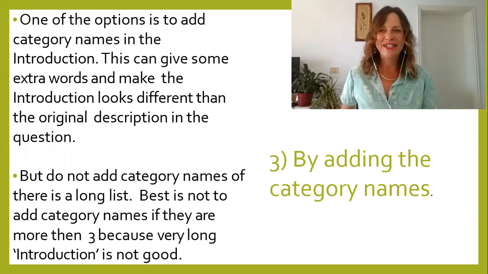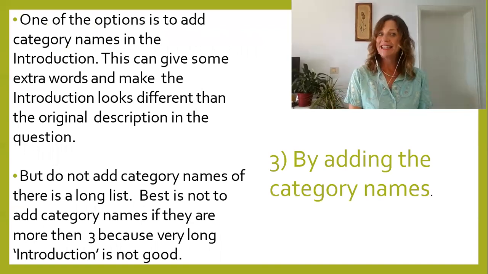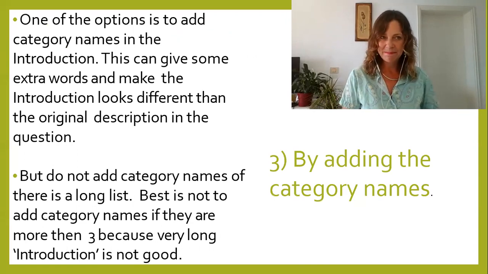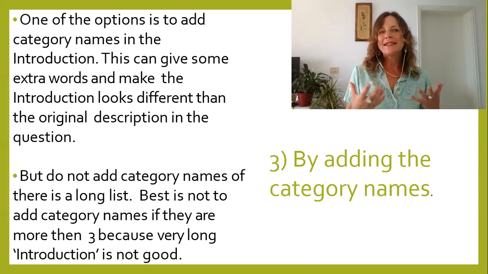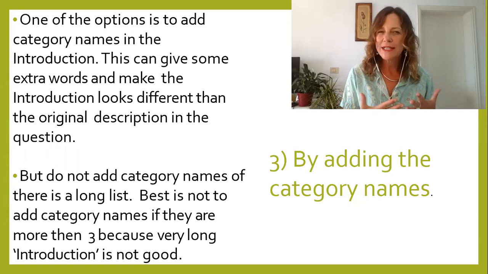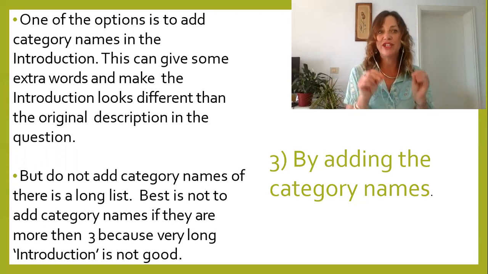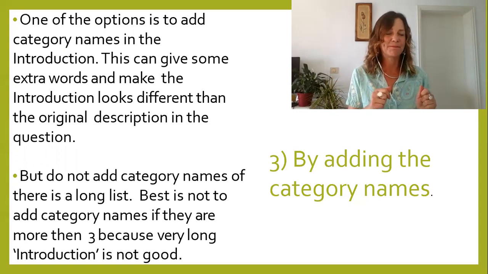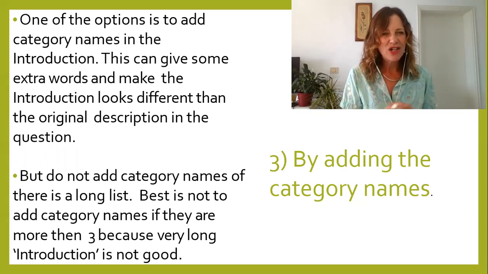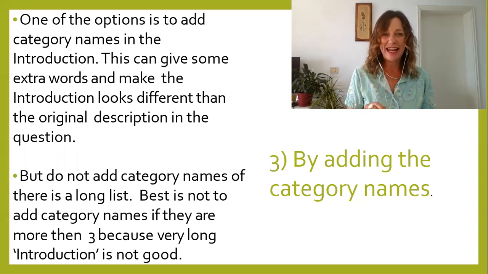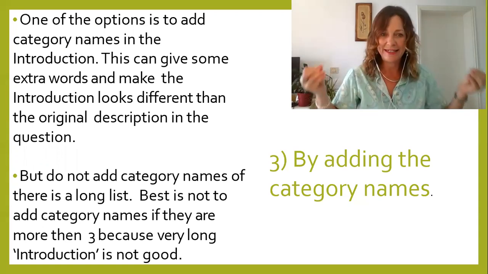Number 3, what can we do? Well, we can add category names. Now, this can give some extra words and make the introduction look different from the original description in the question. But be careful. Do not add category names if there is a long list.